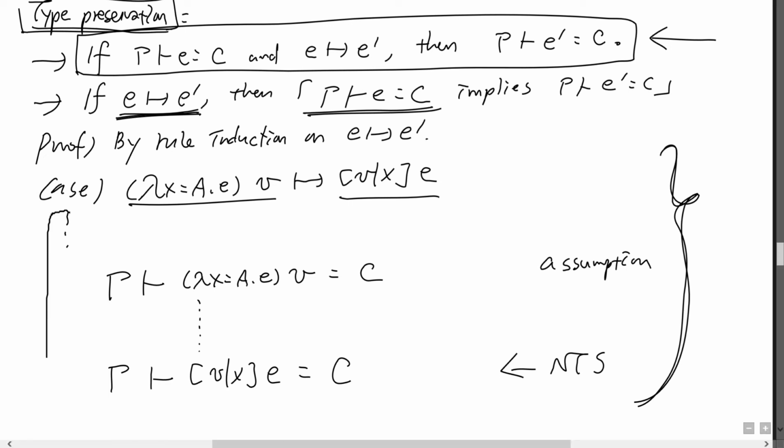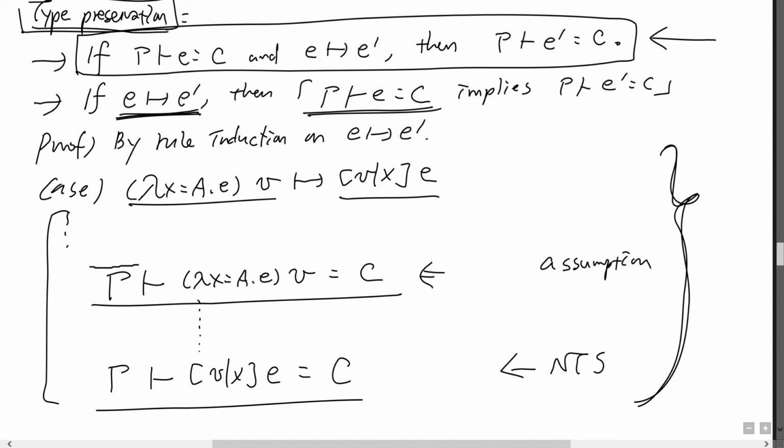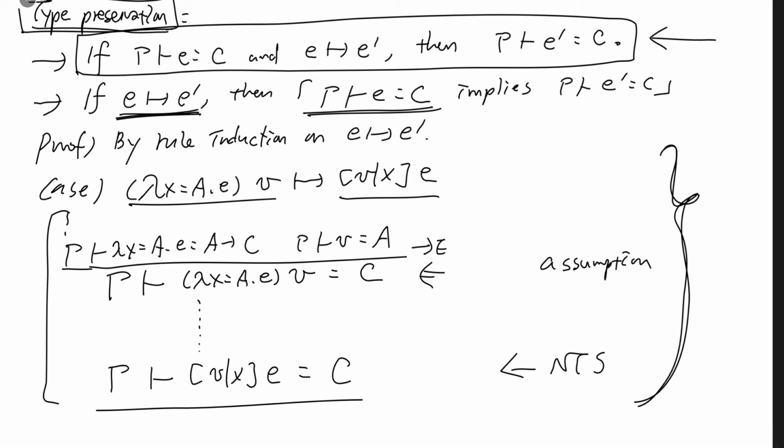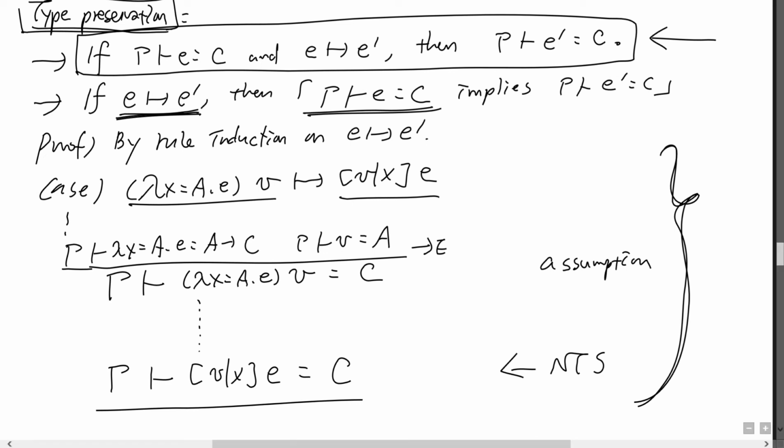So let's further analyze this case. This is the assumption, and this is what you need to show in the end. If you think about this judgment, there is only one way to prove it. That is, you apply the gamma elimination rule. So you have gamma, lambda abstraction with the type A arrow C, and you have value V of type A. So you can expand the derivation tree.